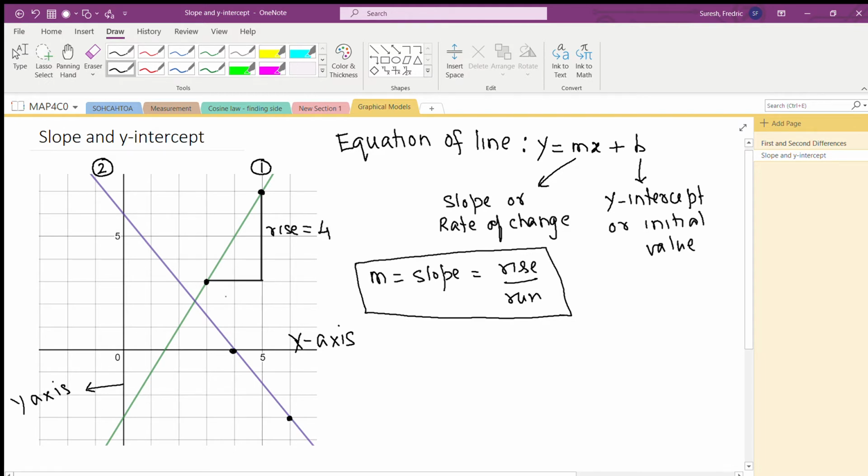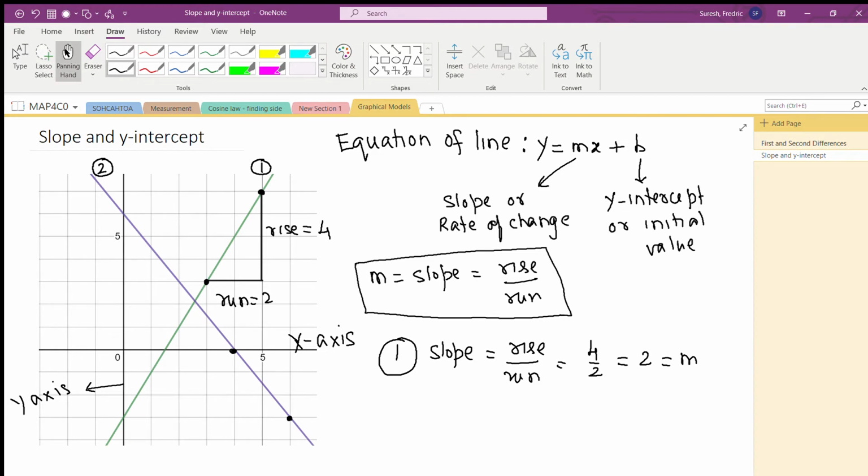The run goes across 2 units. So for the first line, the slope is rise over run, which is 4 over 2, and that is 2. So the m value is 2.